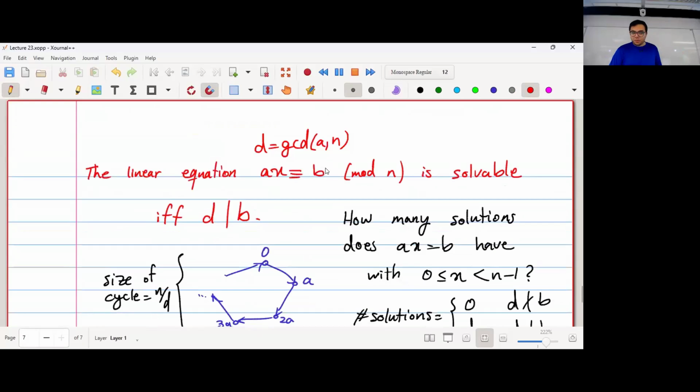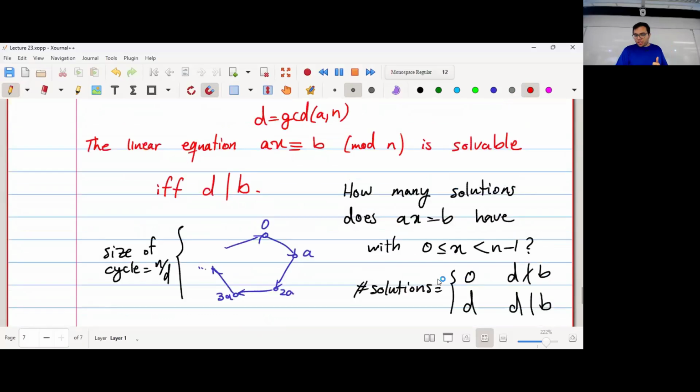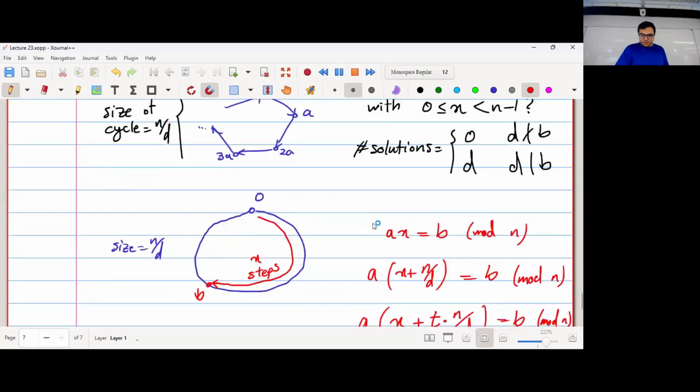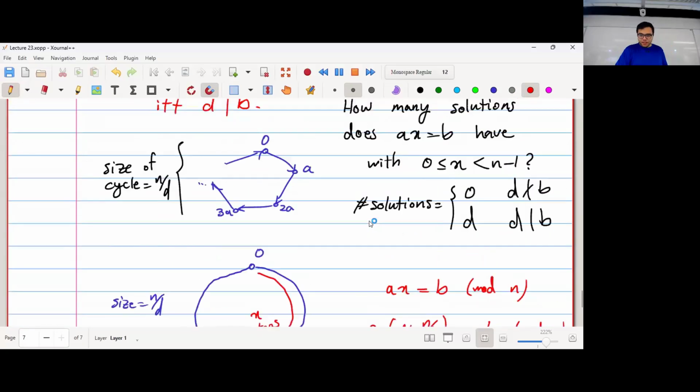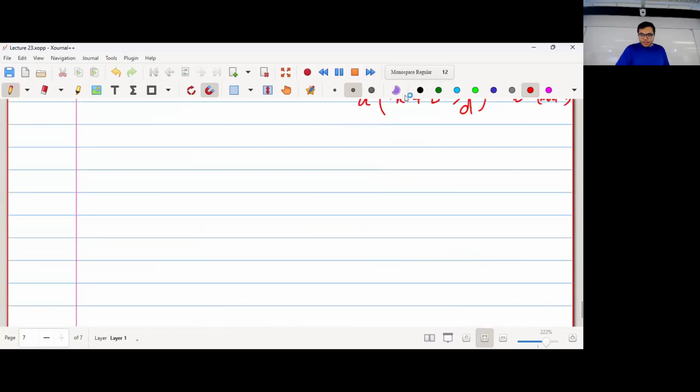Okay, so we proved that if we have a linear equation of this form, AX equals B modulo N, and if the GCD of A and N is D, then it's solvable if and only if the GCD divides B, and the number of solutions is going to be exactly equal to the GCD. Great.